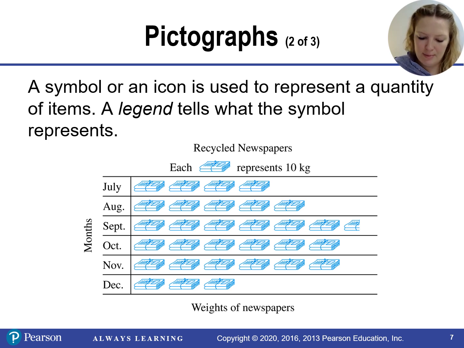We could look at this pictograph and see that in July, there were 4 stacks, so that represents 10 kilograms each, or 40 kilograms total of recycled newspapers in July. You can even see that September has a half of a stack, which would represent half of our key, so 5 kilograms. So in September, there were 65 kilograms of newspapers recycled.